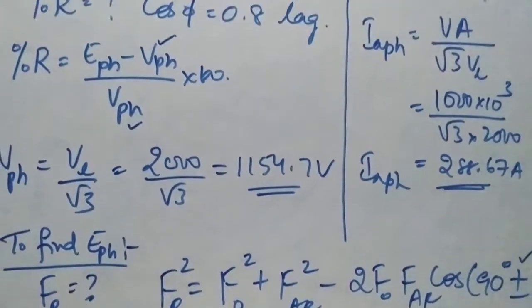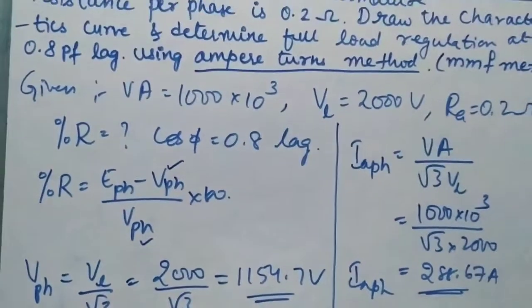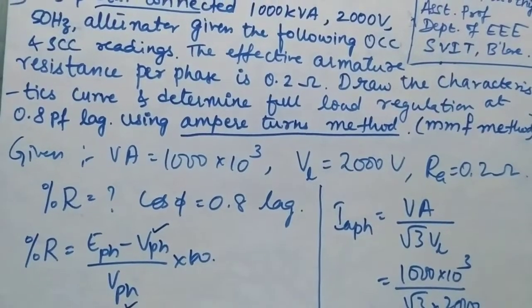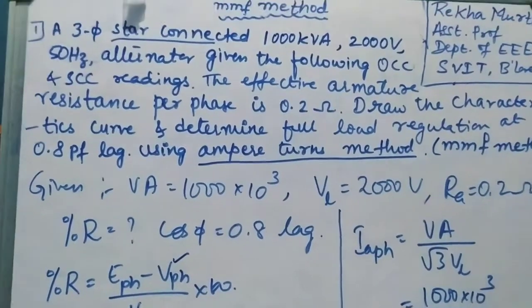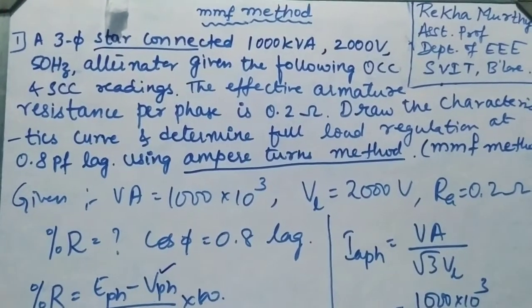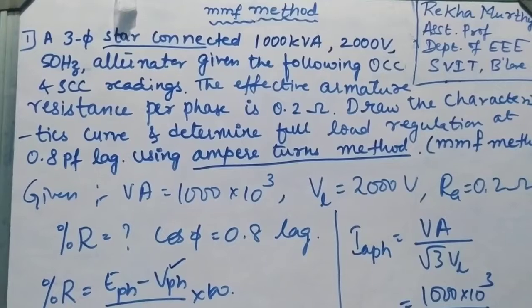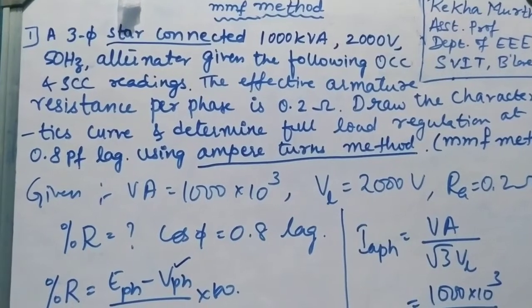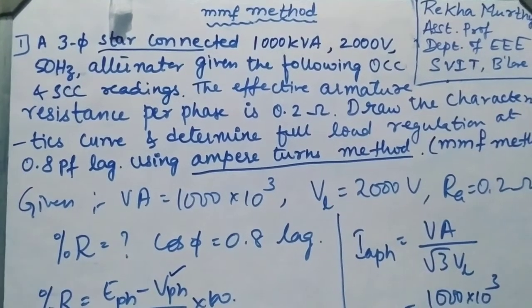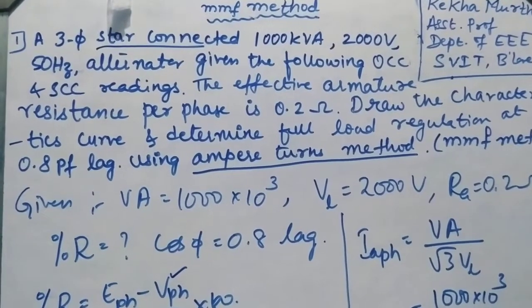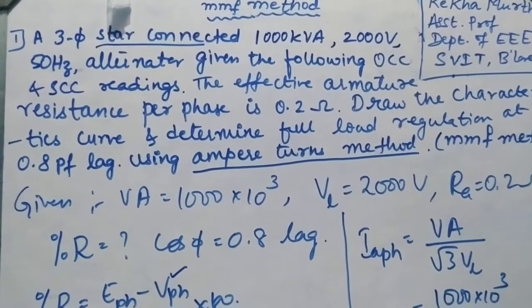Now let us see in the given problem the table, that is field current value, short circuit current value and VOC value. Usually VOC value will be given in line voltage. If it is given in phase voltage, we need not convert anything. If it is given in line voltage, we have to convert it into phase voltage.